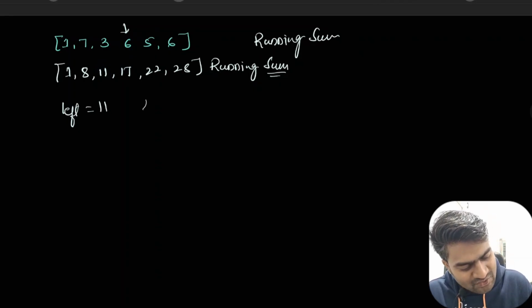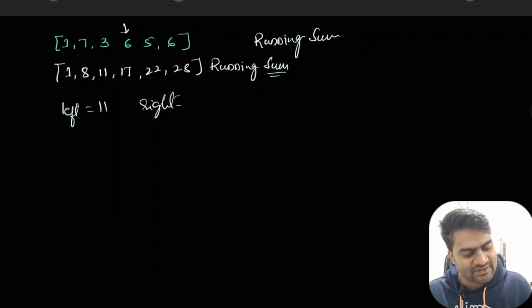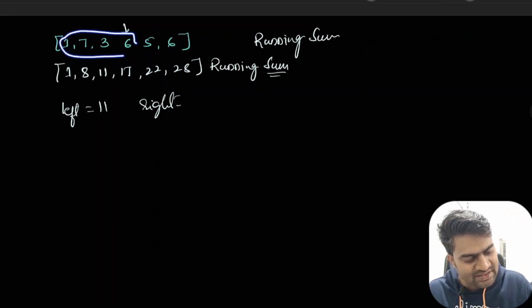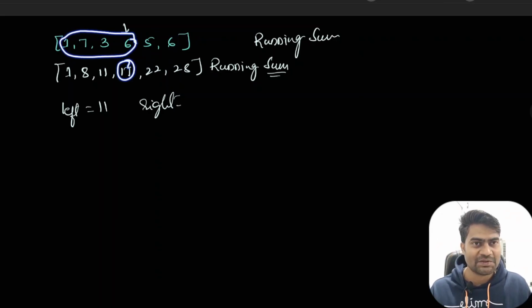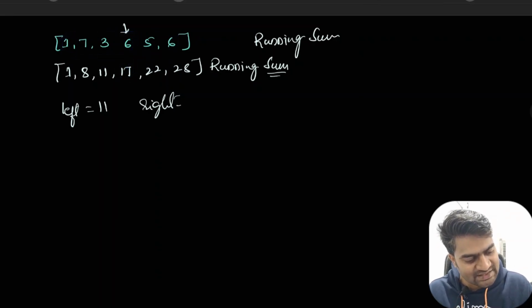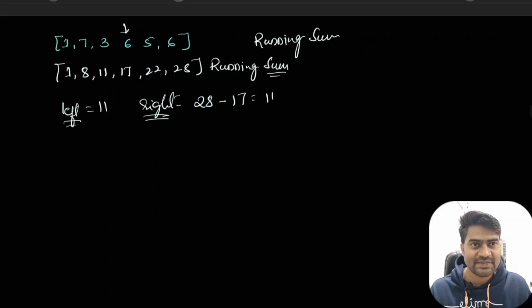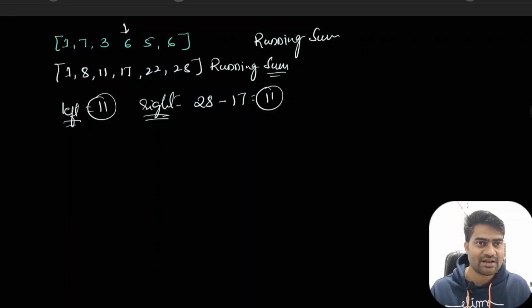For right, I will simply take the overall sum minus the sum till this number, basically this value. We easily get that as 28 minus 17, so 11. Now we easily got left and right, correct, right? With this, if left is equal to right, then this is our pivot index, correct, right?